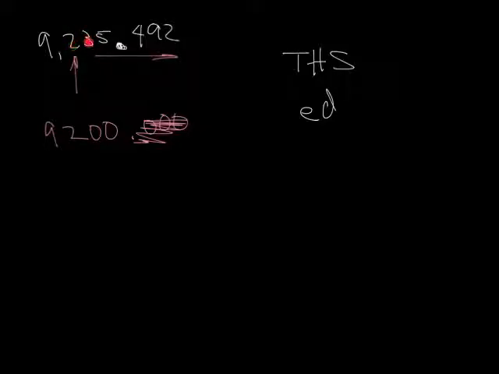If the number to the right of the one we're looking at to round is 5, 6, 7, 8, or 9, then we change that to a 3 and make everything zeros. So regardless, we make everything to the right of what we're rounding zeros. It's just whether that 2 changes from a 2 to a 3, or it stays as is.